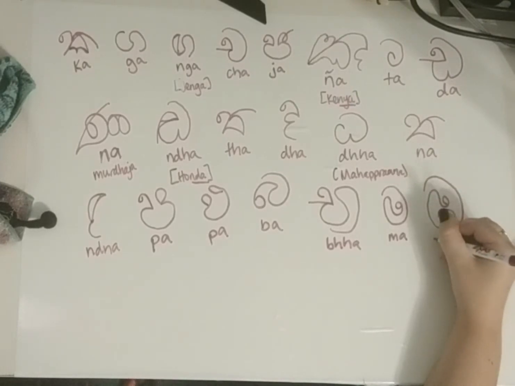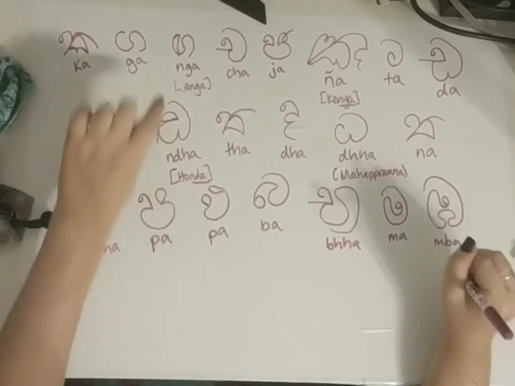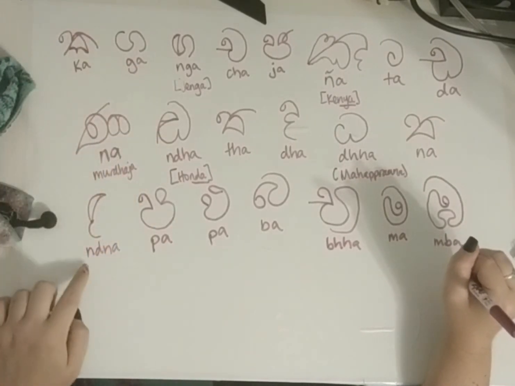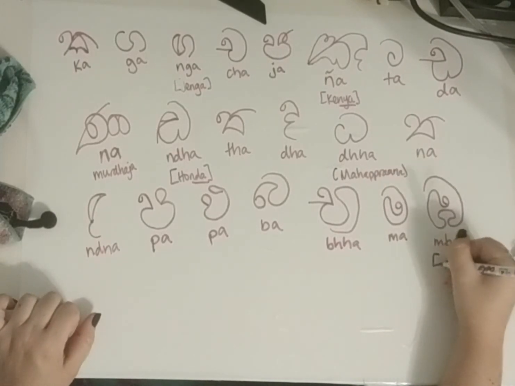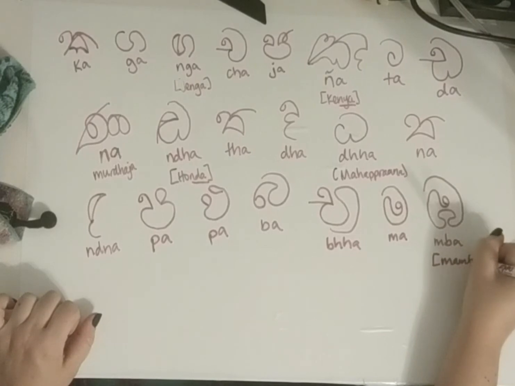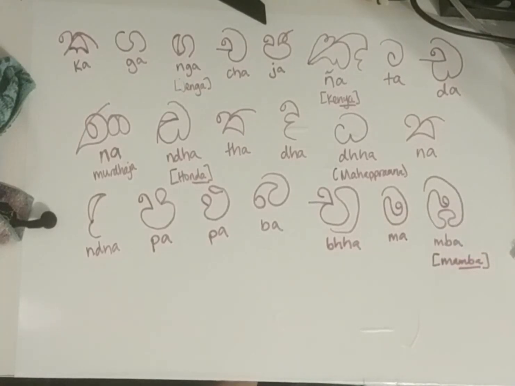So this is ba, ba. So just like these, it has a little extra sound, but it's an M. Think like the word mamba, like the snake. Ba, ba, ba, ba.